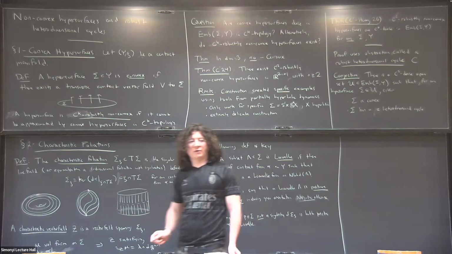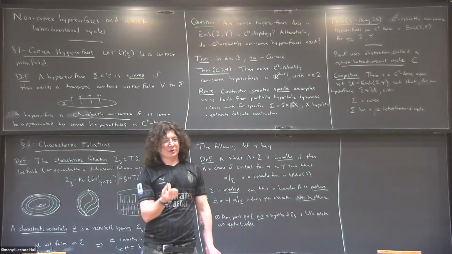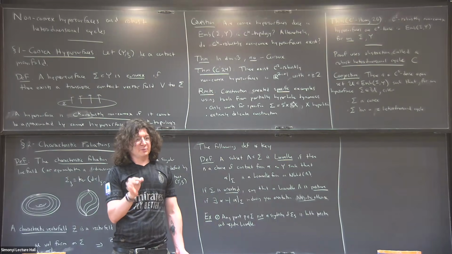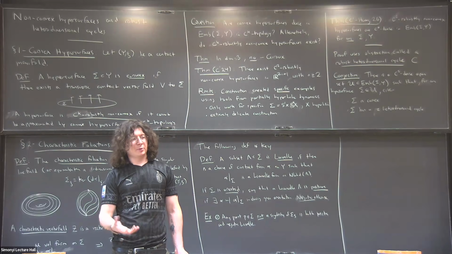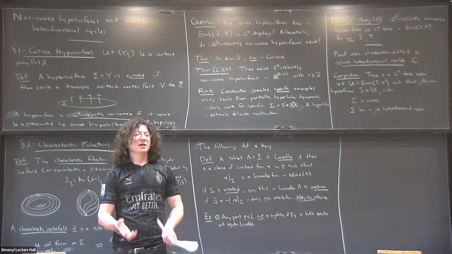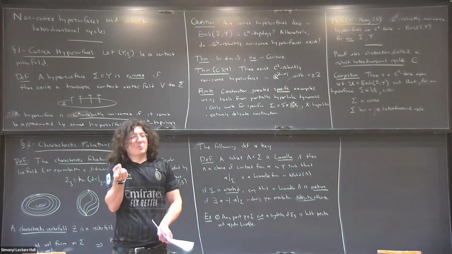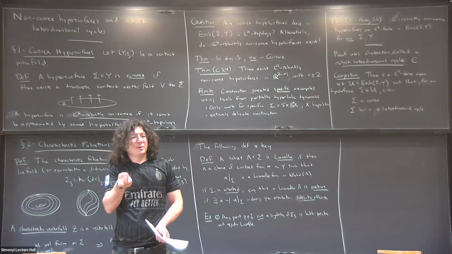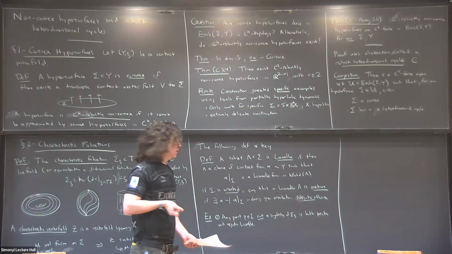If I have a non-singular point of the characteristic foliation, then in a neighborhood I can choose a contact form where the contact form restricts to a Liouville form, and it can be either positive or negative. So it's not a very meaningful thing. You can be Liouville in both ways.